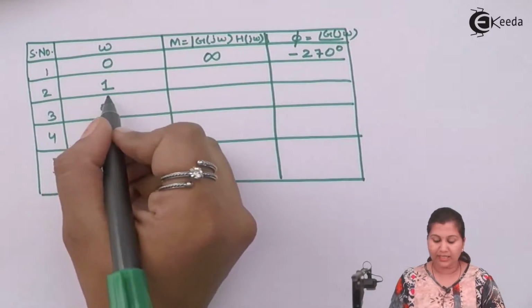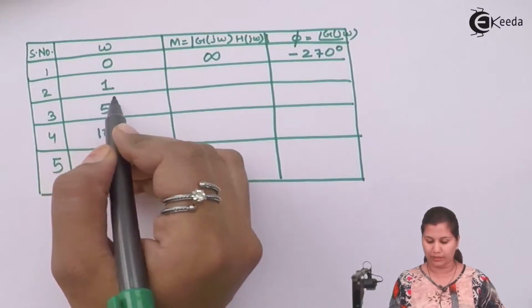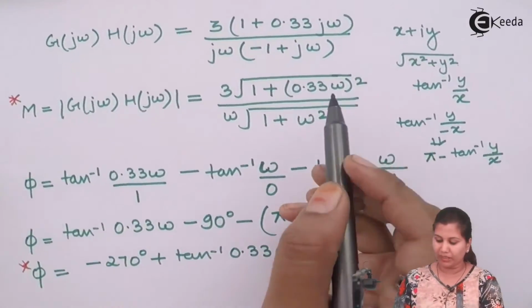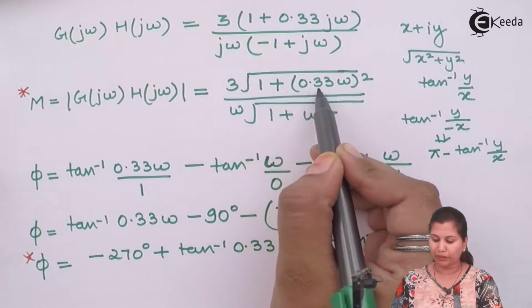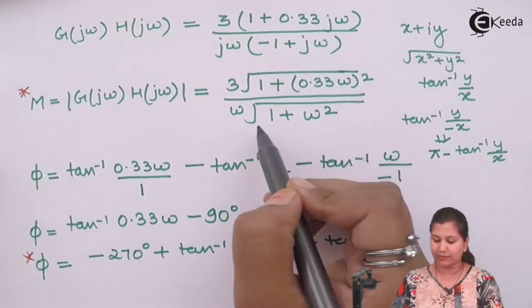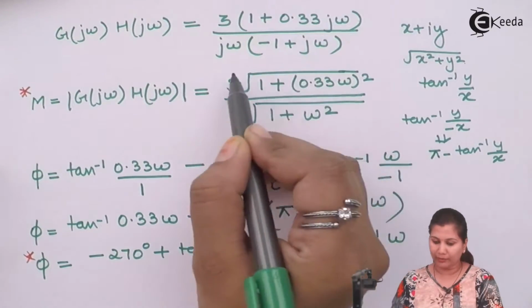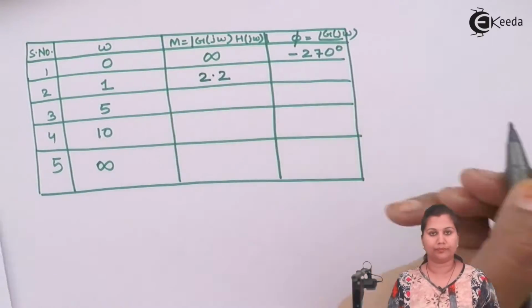So now we will take the next value of the frequency, that is omega equals 1. Now we put this omega equals 1 in this equation. So it will become 1 plus 0.33 square, and here we have 1 plus 1, that is root 2. So when we calculate this we will get the magnitude as 2.2.